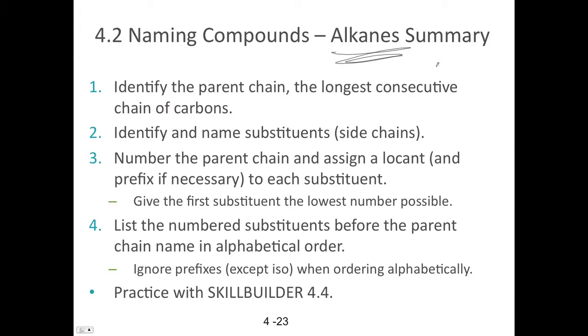Identify the parent chain, the longest chain of carbons, either acyclic or cyclic. Identify the substituents or side chains. Number the parent chain and assign a locant number to each substituent and a prefix if necessary, giving the first substituent the lowest possible number. List the substituents before the parent chain in alphabetical order. Ignore prefixes except for iso.